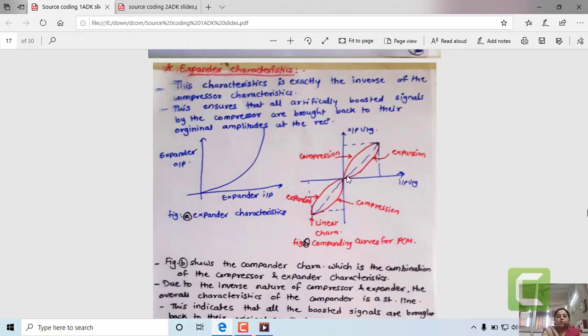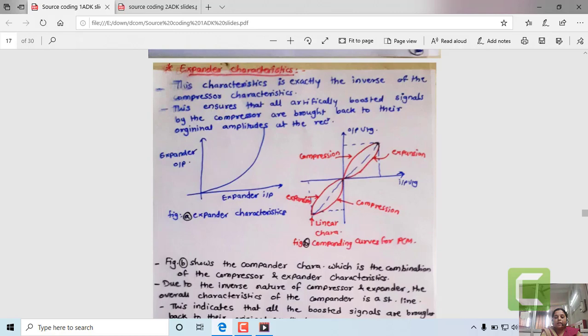And so the total characteristic of the compander, if we observe it, will be a straight line passing through the origin, because here the expansion effect will be nullified by the compression effect, which will cause this linear characteristic.